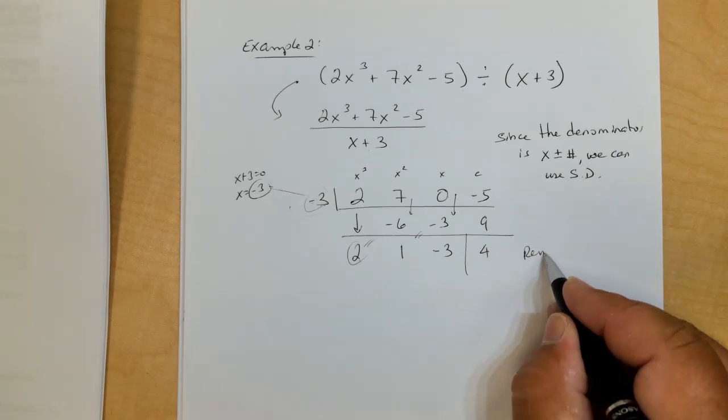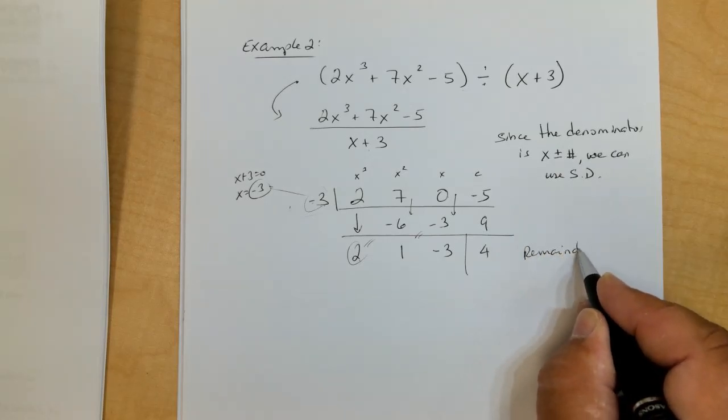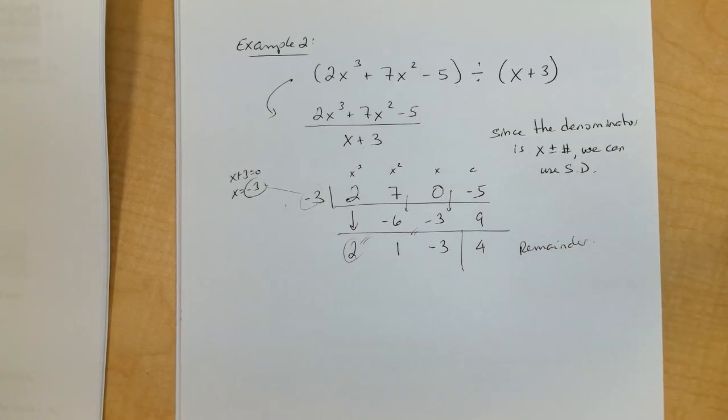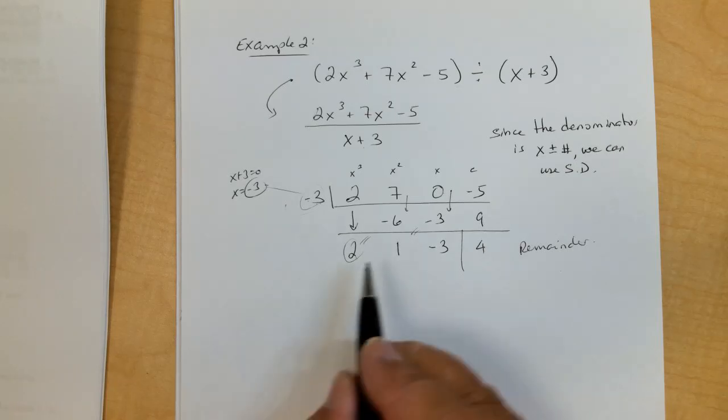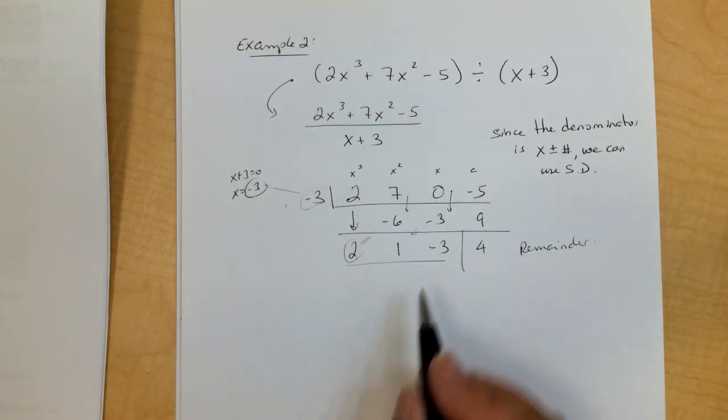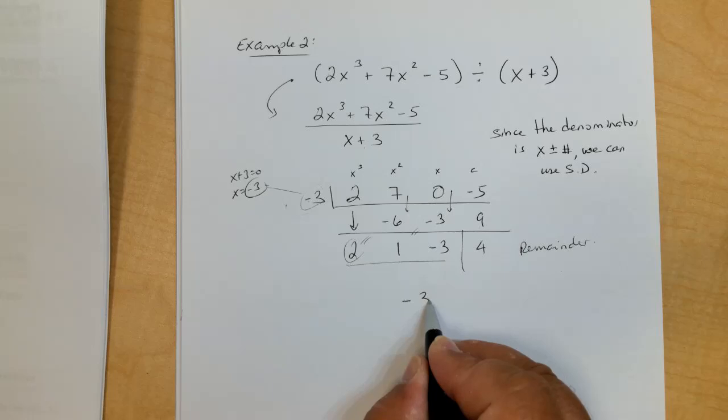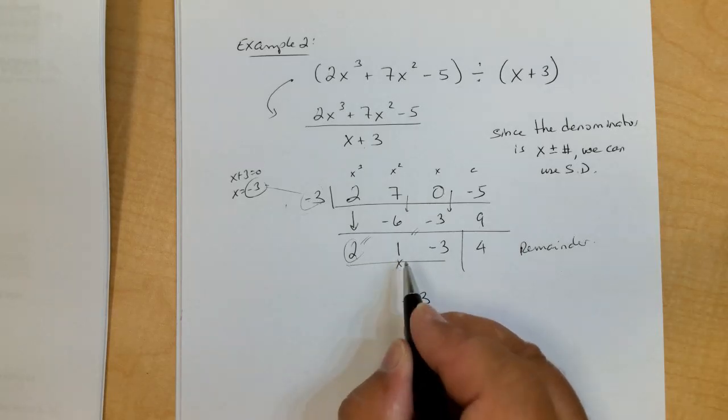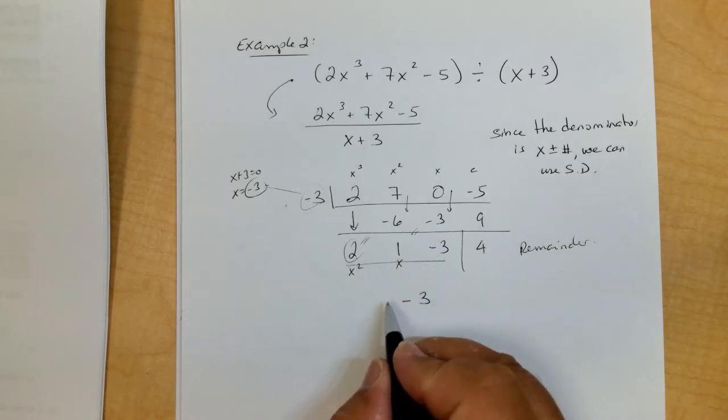There's your remainder. This is your polynomial. The constant, this is the x values, and this is the x squares.